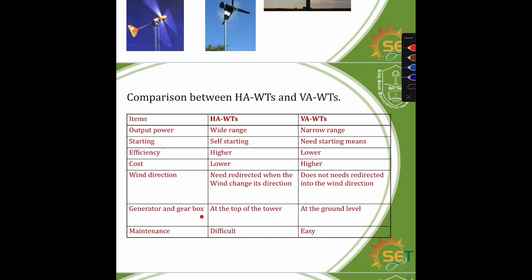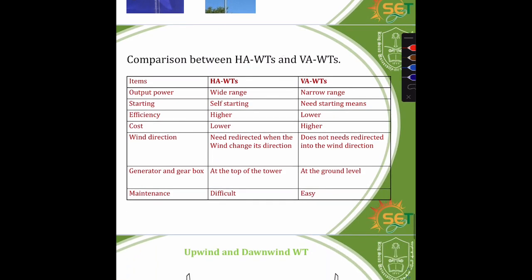Generator and gearbox: in the horizontal turbine, it's at the top of the tower. In the vertical axis, it's at the ground level. Maintenance is difficult for horizontal, but easy for vertical.